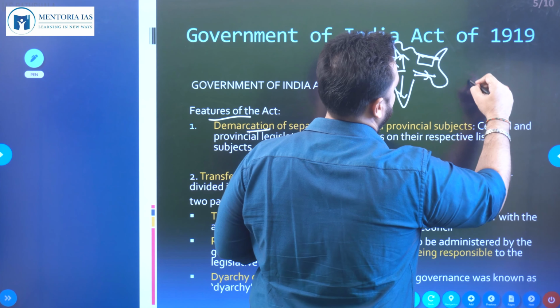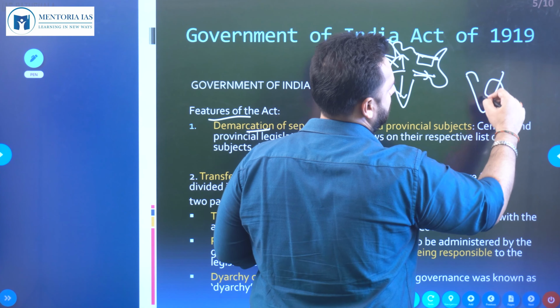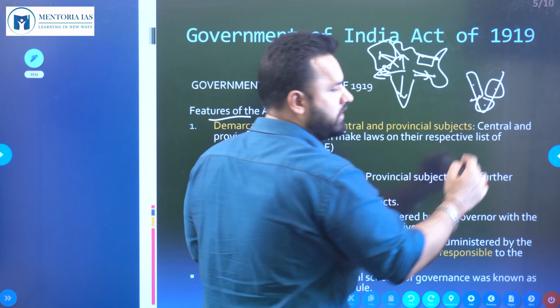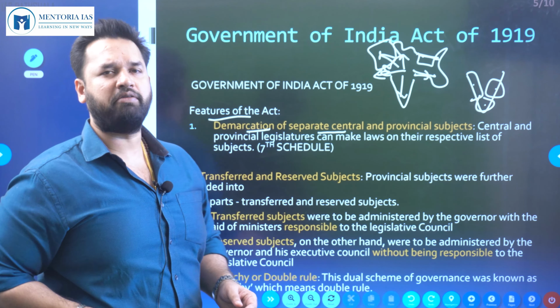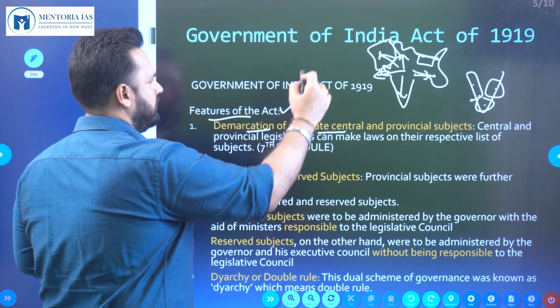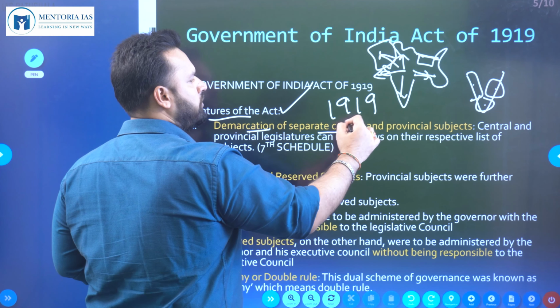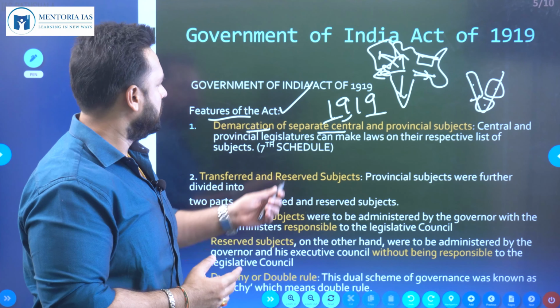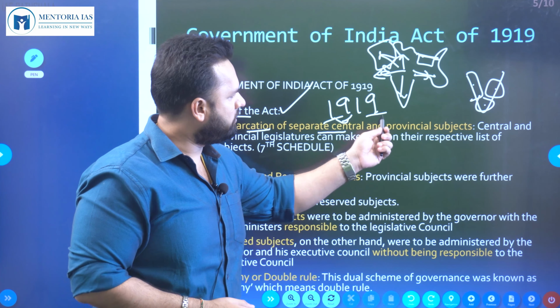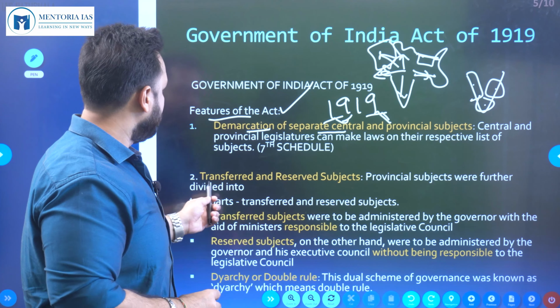Whereas the provinces can legislate on their provincial subjects. This was demarcated for the first time through this act of 1919. Remember, 1919 always talks about two things: central and provincial subjects.